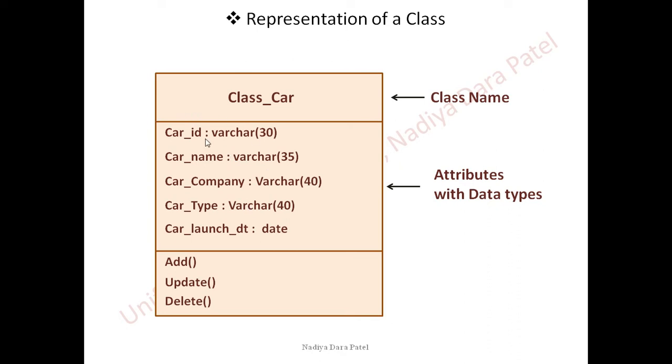So right now I have kept all possible attributes, which are the car ID, car name, car company, car type, car launch date, and the respective data types with their sizes.